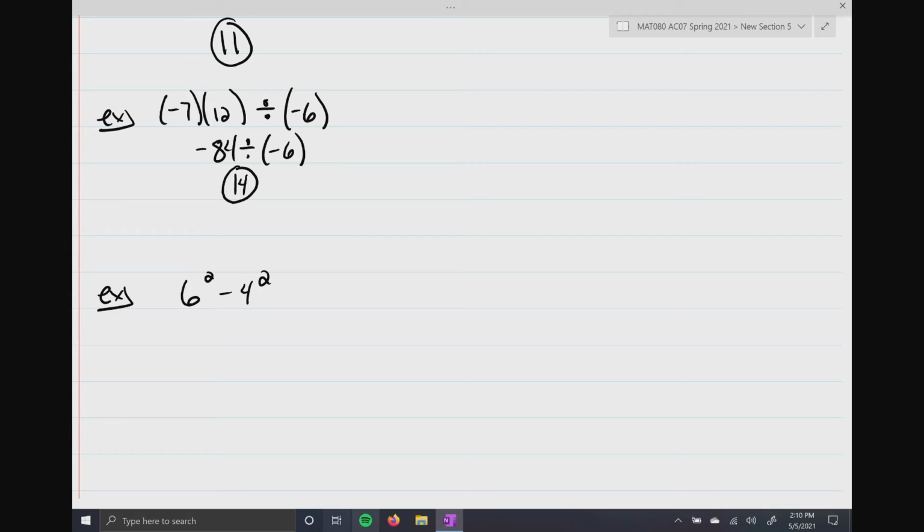Oh, I love it. 20 is the correct answer. Let's understand why. 6 to the second power is 36. 4 to the second power is 16. So you do the exponents first. Now, 36 minus 16 is 20.